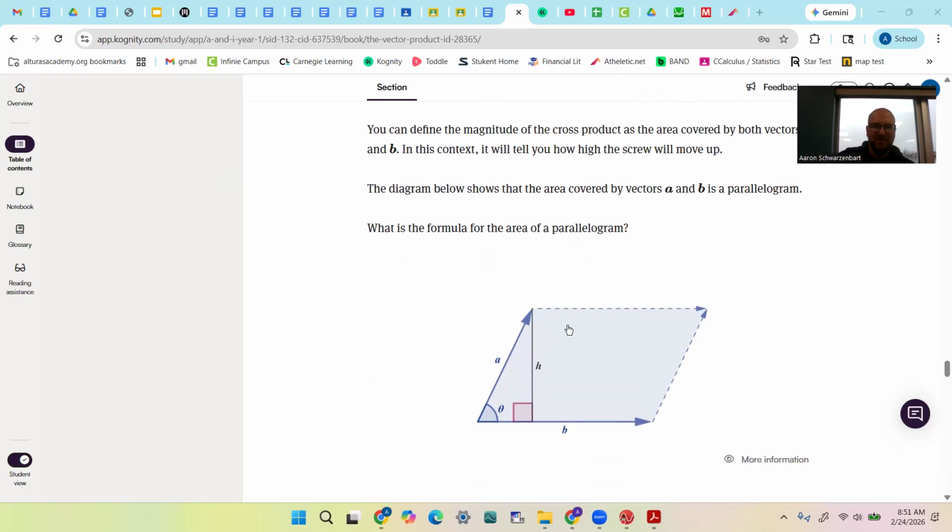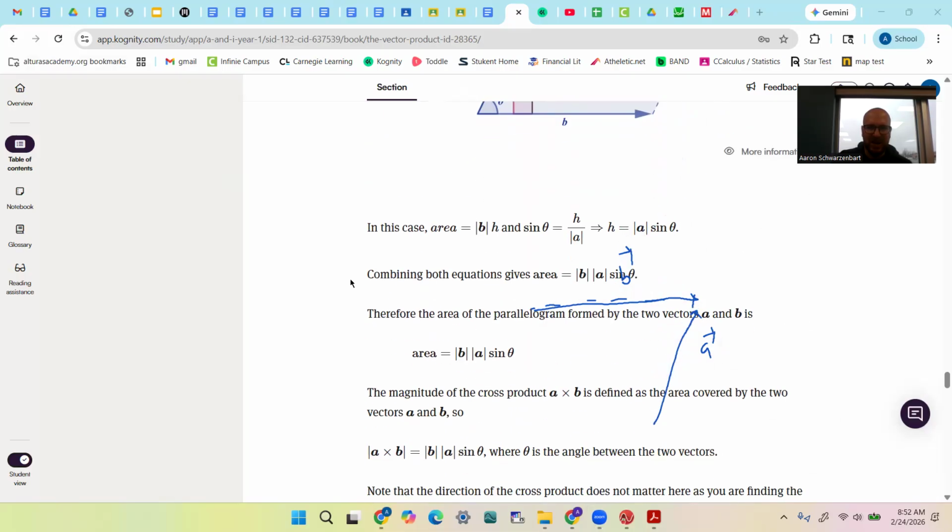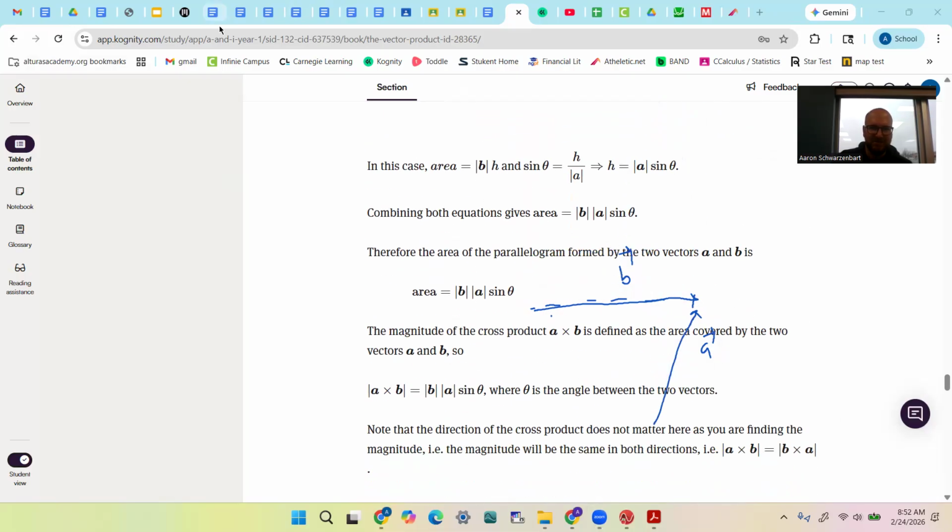The magnitude of the cross product is essentially the area of the parallelogram formed by A and B. So A cross B is the magnitude of the area that we would get by adding A and B.